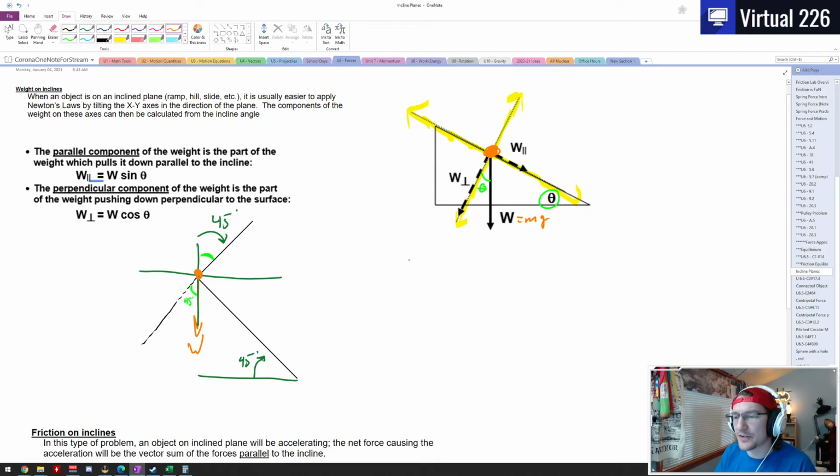And what this allows us to say is that if this is our weight, then this component of the weight acting perpendicular to the slope, and the weight vector acting down the slope, or the parallel component of it, those are across from this angle here.